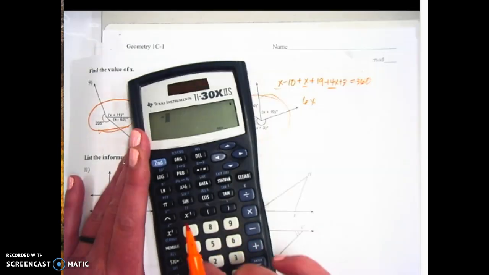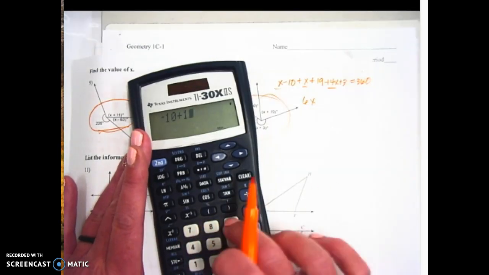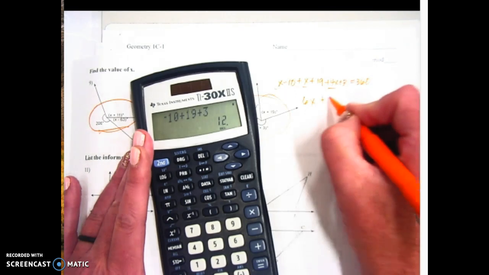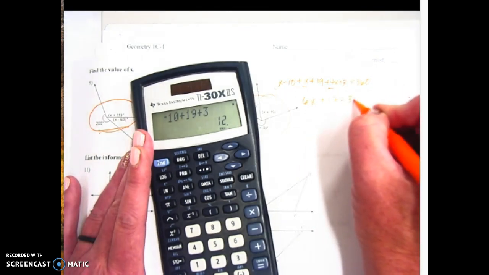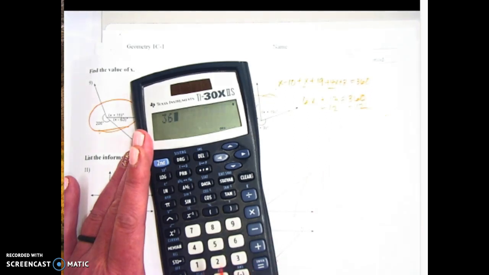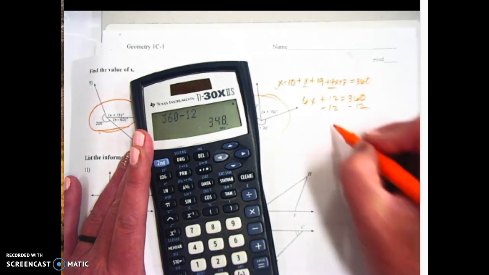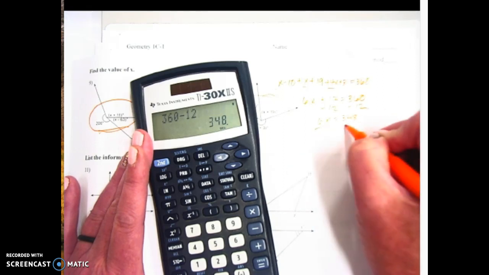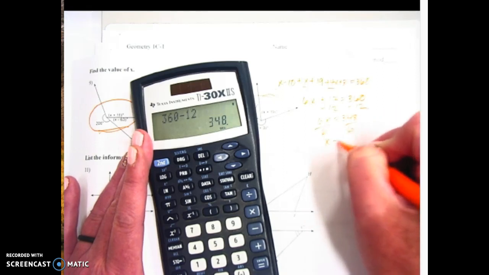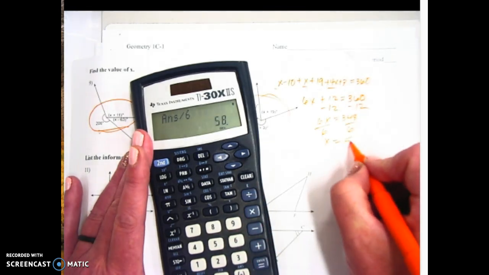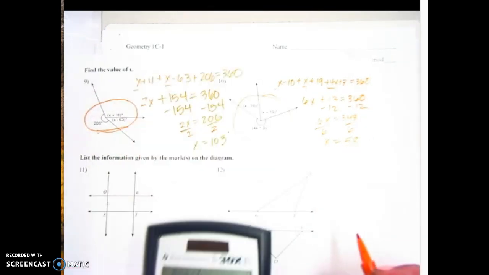And then negative 10 plus 19 plus 3. I got 12. So we want to subtract 12 from both sides. And we have 6x equals 348. Divide both sides by 6. And I got 58. All right.